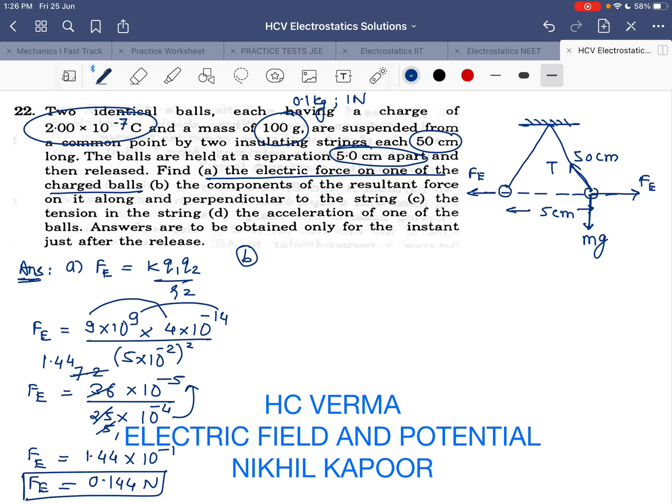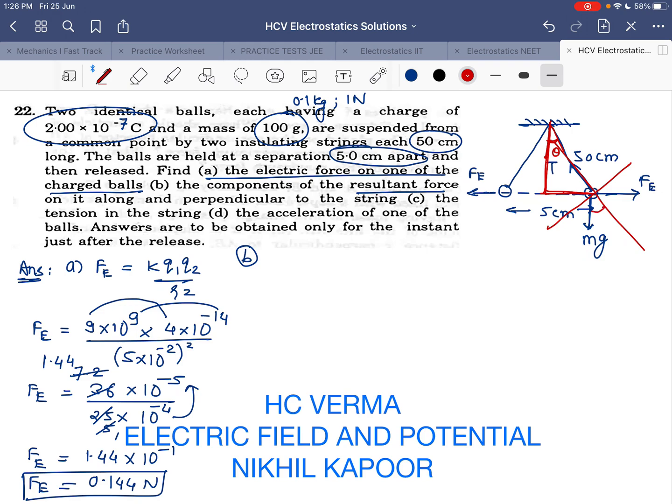Next, in B part, we need to find the component of resultant force on it along and perpendicular to string. So we need to resolve all forces along the string and perpendicular to string. So along the string, let us say we have to take this as angle theta, so that we can use this triangle whenever required for finding sine theta and cos theta.